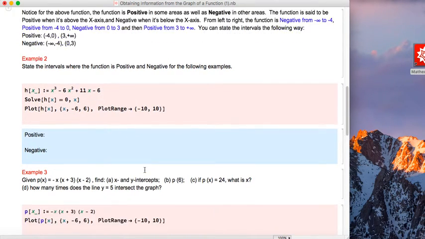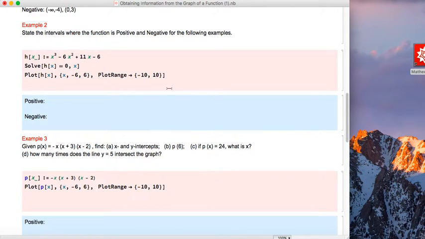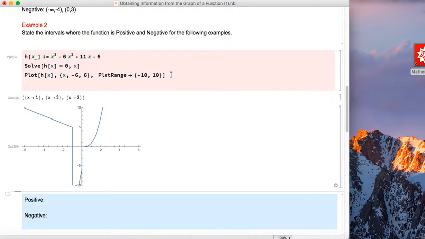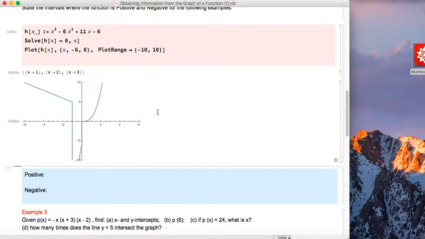So let's look at example 2. We want to state the intervals where the function is positive or negative. Execute the graph first. Here we cannot precisely say what is happening at the bottom, how the graph changed. So maybe we can change this plot range to a larger range.